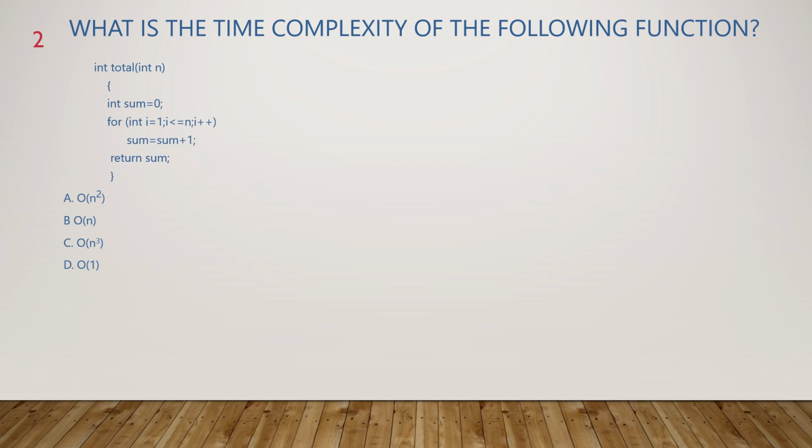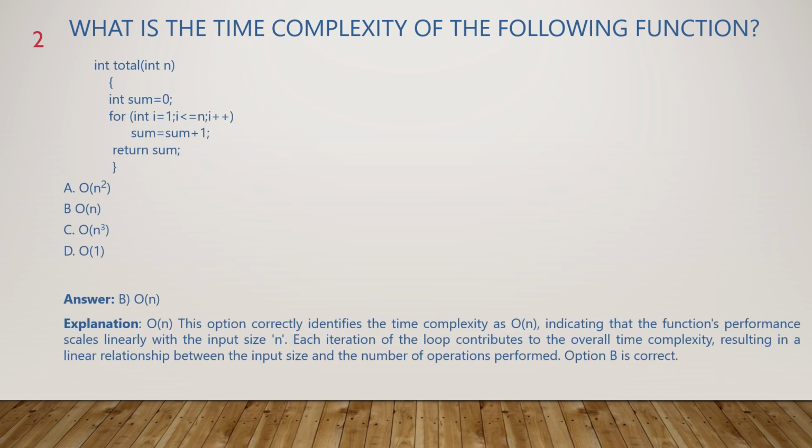Then the options: A, O(n^2), B, O(n), C, O(n^3), D, O(1). The correct answer is B.